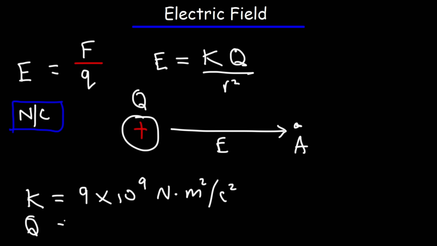Q is the magnitude of the charge in coulombs. Now remember, 1 microcoulomb is 1 times 10 to the minus 6 coulombs. A nanocoulomb is 10 to the negative 9 coulombs, and a millicoulomb is 10 to the minus 3 coulombs. And R is going to be the distance in meters.